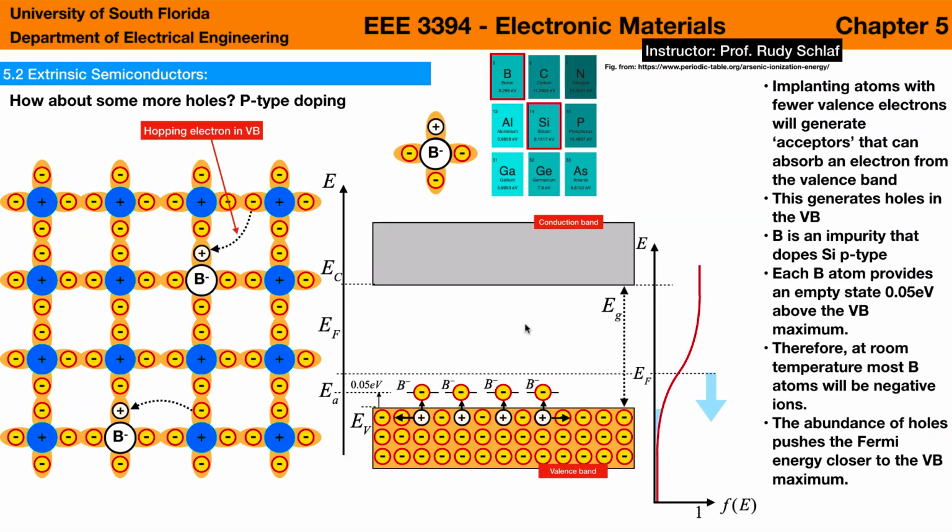Now, how about p doping? As usual, when it comes to holes, the process is very similar to what we learned about the electrons. Here now we need to select an impurity that has one electron too few, and a very popular dopant for p-type doping of silicon is boron, which has 3 electrons compared to the 4 of silicon.